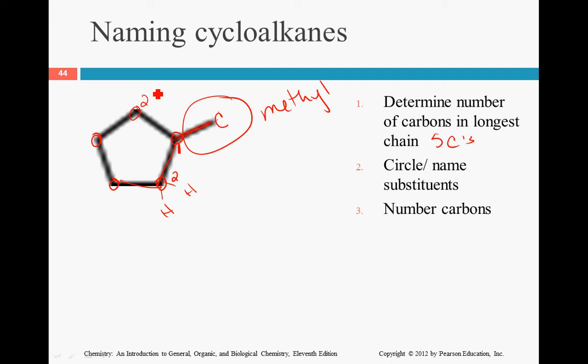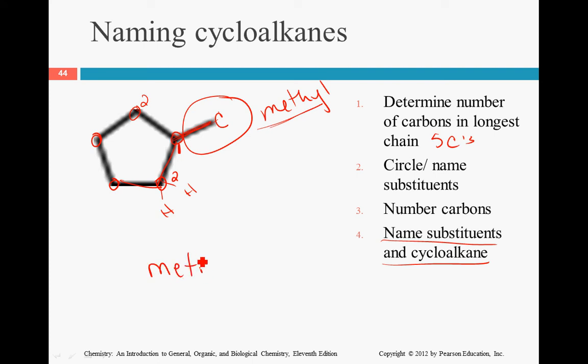When you only have one substituent, you don't have to really worry about the numbers. So, name the substituent in the cycloalkane. Well, methyl is the substituent. Because there's only one substituent, I'm not going to worry about putting a 1 there. I don't have to put that there, because it's already assumed that's on the first carbon.